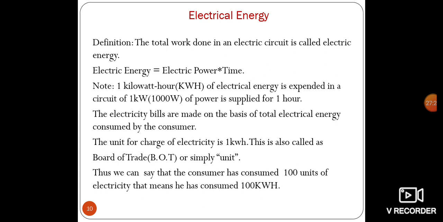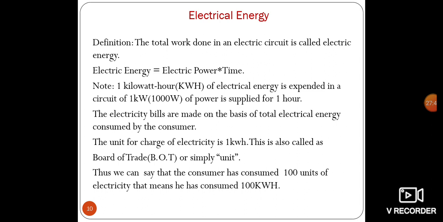If there are 2 points in a circuit, the potential difference between the 2 points means higher potential and lower potential. The electrons flow, or the current flows, from higher potential to lower potential.